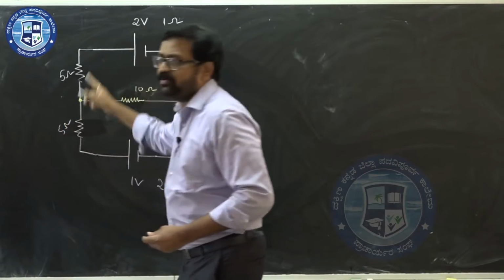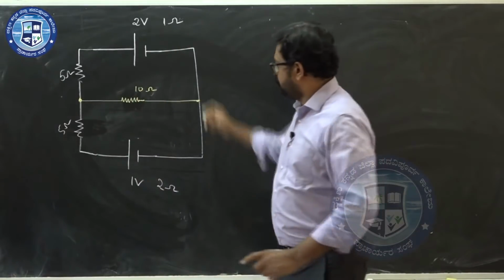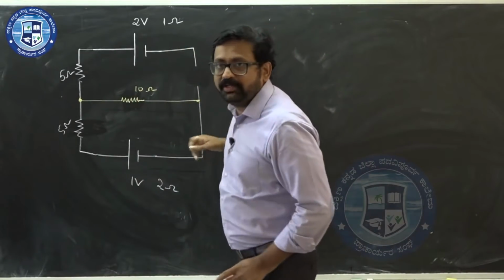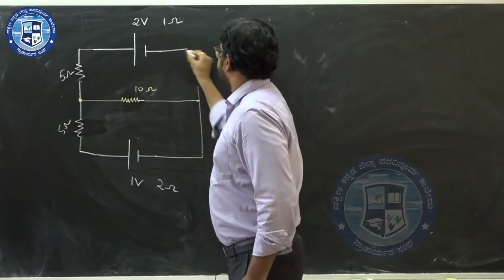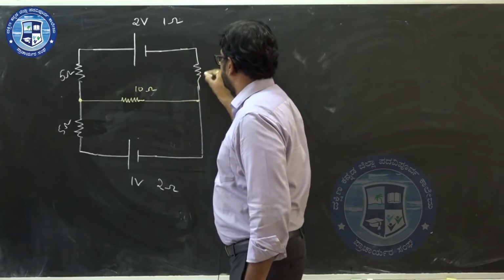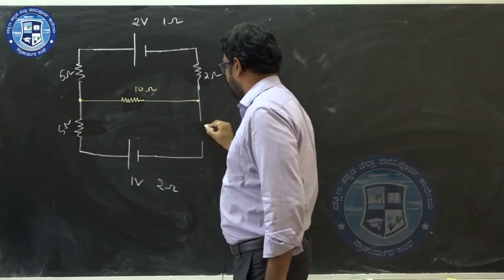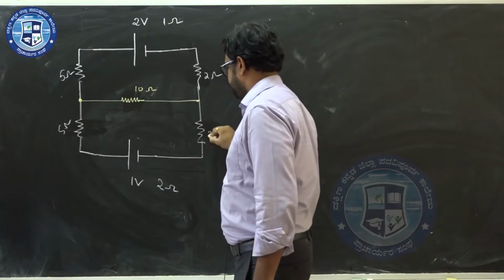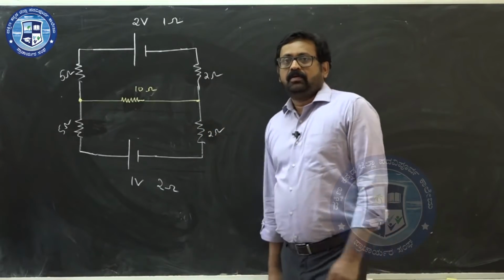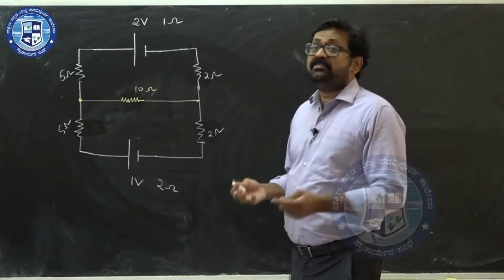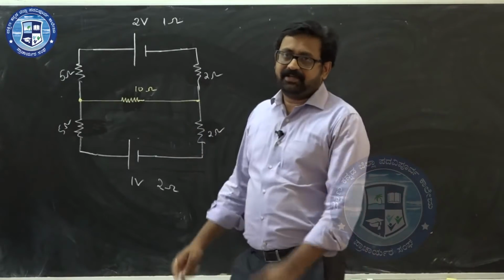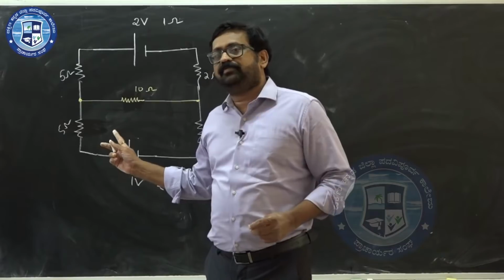Total resistance of the wire was 10 ohm. On this side, total it was 4 ohm. I can redraw it as 2 ohm for the upper part and 2 ohm for the lower part, correct? Why equally divide? Because it is clearly mentioned the midpoints are joined by another wire of resistance 10 ohm.